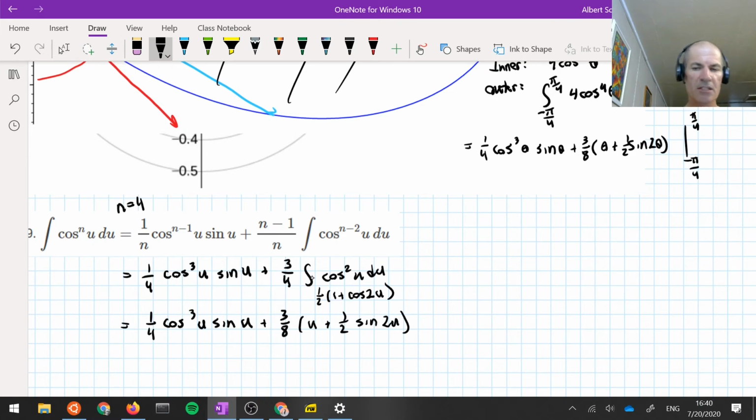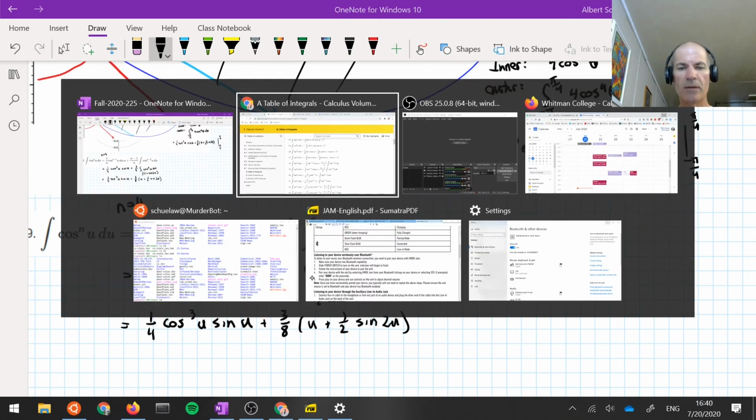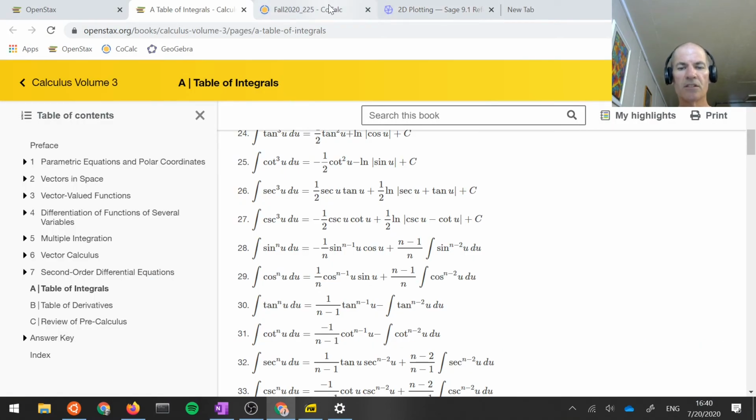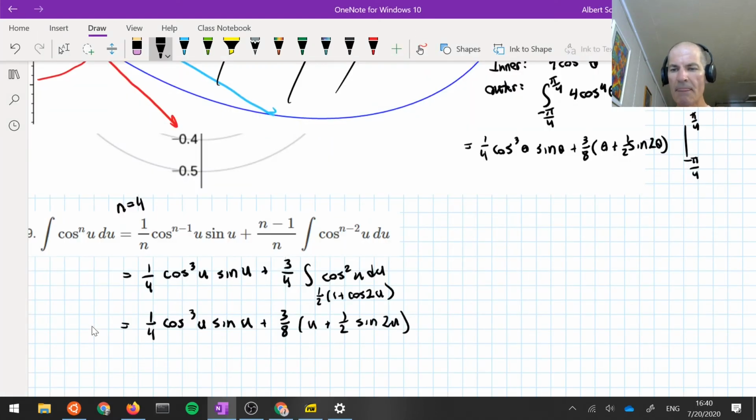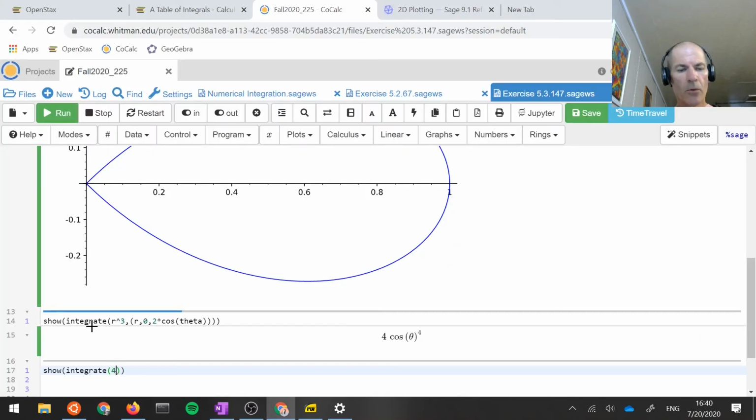This looks like a job for Sage. Let's go back over there and finish this calculation in Sage. We'll integrate 4 cosine theta to the 4th power, and we're going to go theta from minus pi over 4 to pi over 4.